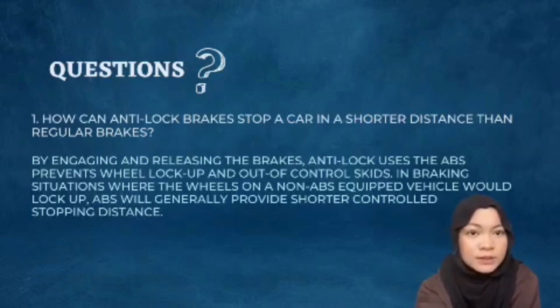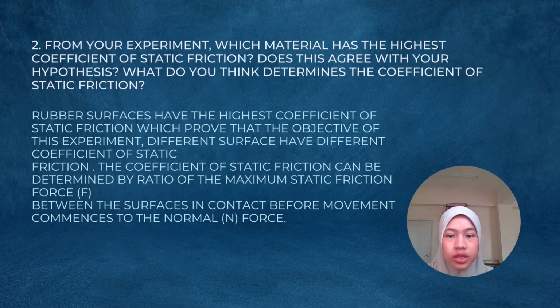So here is the question: which material has the highest coefficient of static friction? Does this agree with your hypothesis? What do you think determines the coefficient of static friction? So the rubber surface has the highest coefficient of static friction, which proves the objective of this experiment.